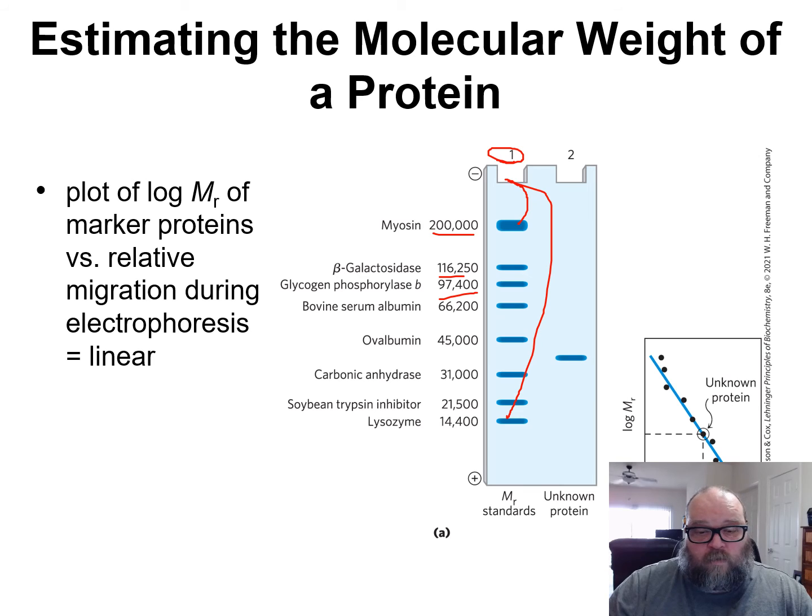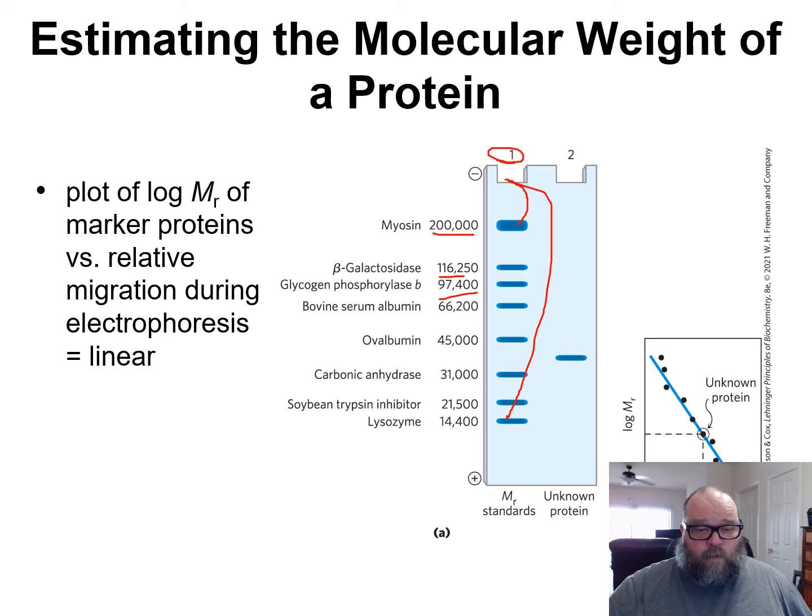And you get this relatively straight line. Is it going to be perfect? No, because there's going to be vagaries in how the polyacrylamide gel solidified. There's going to be slight differences in buffers and things like that. So it's not going to be a perfect straight line, but it's going to be close. So you put your best fit line, boom.